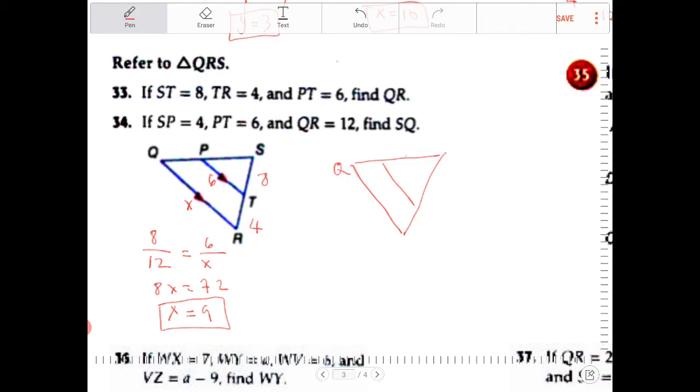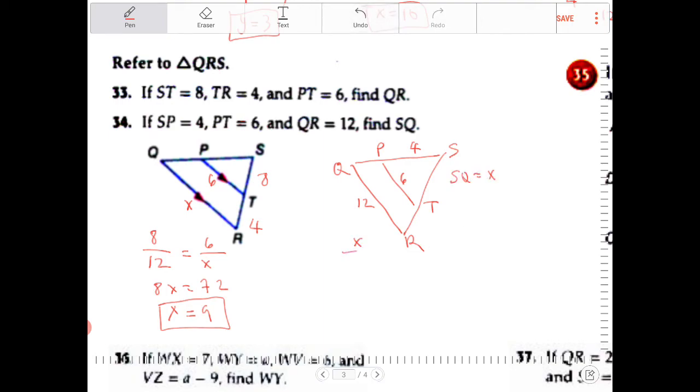Again, I repeat this for the same diagram, QPSTR. So I have SP is equal to 4, PT is equal to 6, QR is equal to 12, and we've got to find SQ. So let's call SQ equal to x.